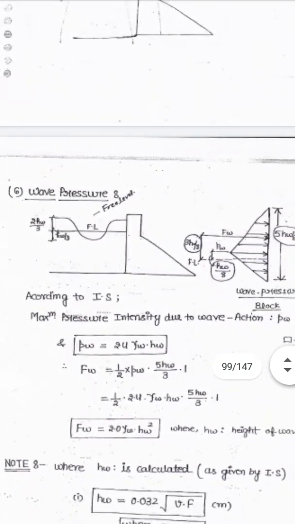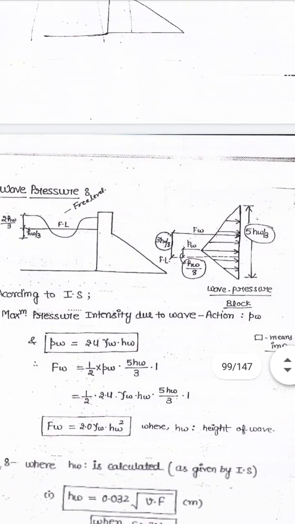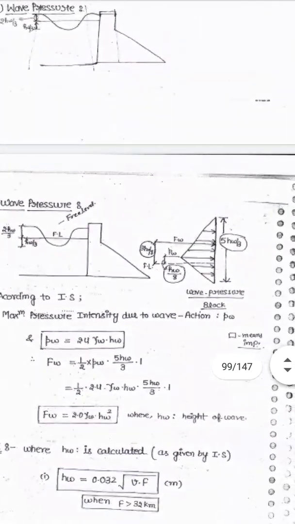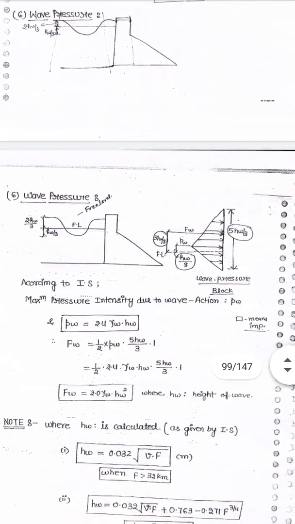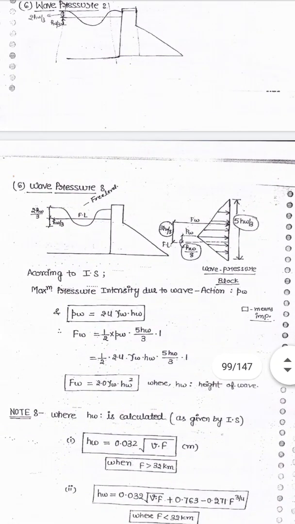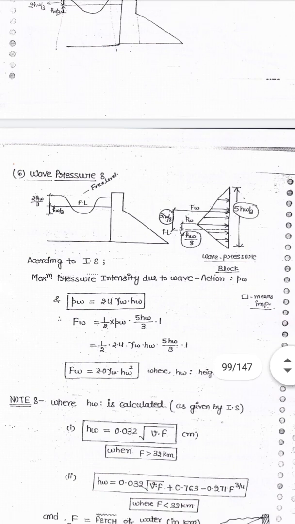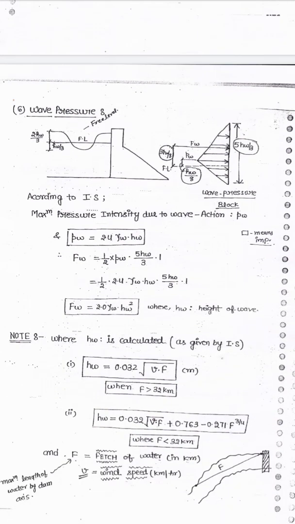You can see the pressure distribution due to this wave is like this, and the intensity of this pressure will be 2.4 gamma w into hw, where gamma w is the unit weight of the water and hw is the height of the wave, and the total pressure can be calculated as Fw is equal to 2 gamma w into hw squared.